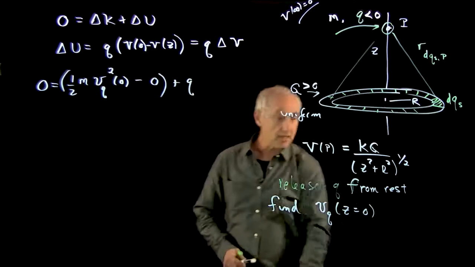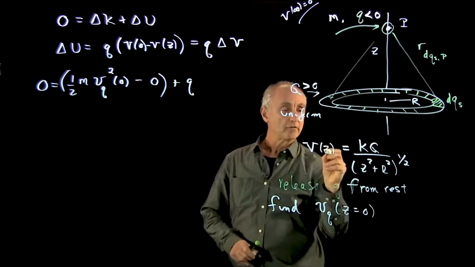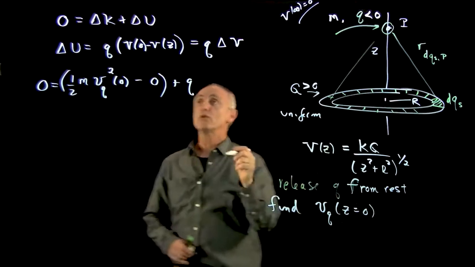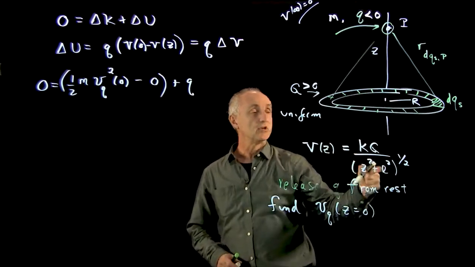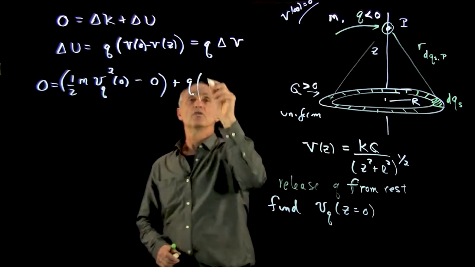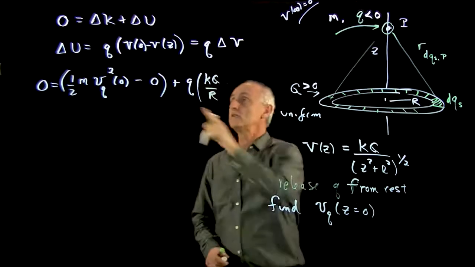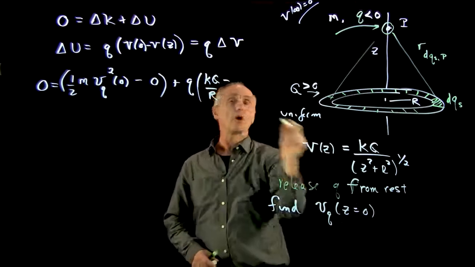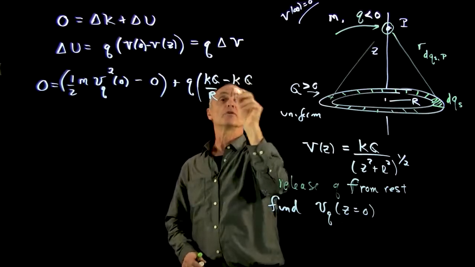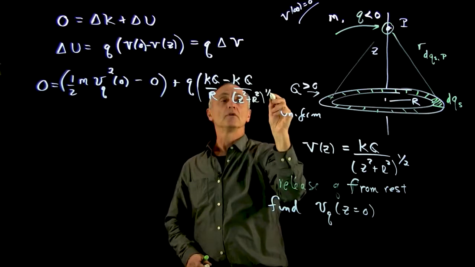So this point P was a distance Z away from the axis. So what we're looking at is, what is this function when Z is 0? Well, that's simply KQ over R. So our first term is KQ over R. And the second term is where the particle potential, where it started. So that's KQ over (Z squared plus R squared) to the 1/2.